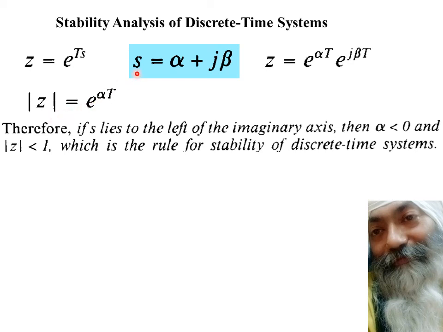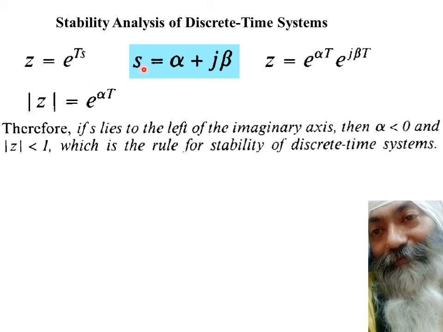So as we map this s onto z, I repeat, as we map this s onto z, we find that as long as s is negative, this z will always be less than 1. The moment this s becomes positive, this z becomes greater than 1.